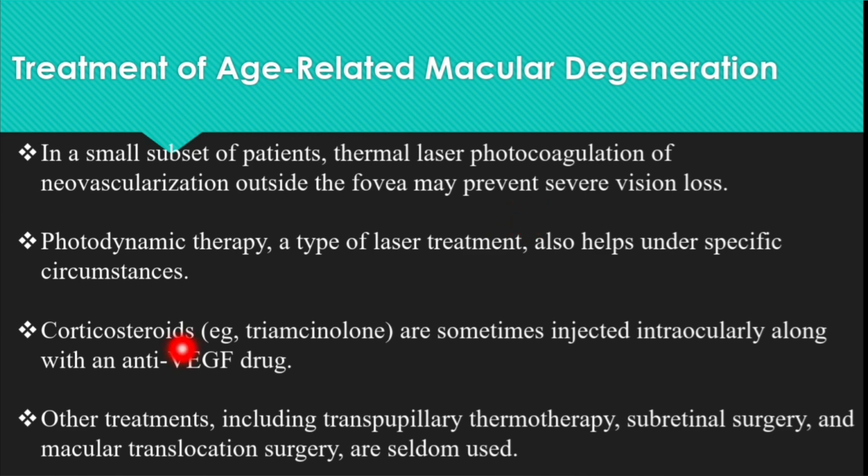Corticosteroids, for example, triamcinolone, are sometimes injected intraocularly along with anti-vascular endothelial growth factor drugs. Other treatments including transpupillary thermotherapy, subretinal surgery, and macular translocation surgery are used but rarely.